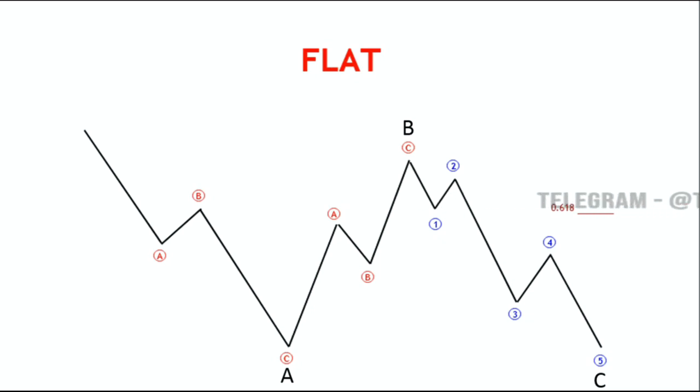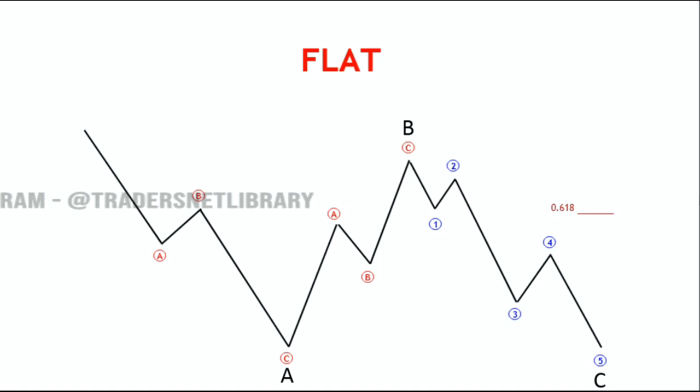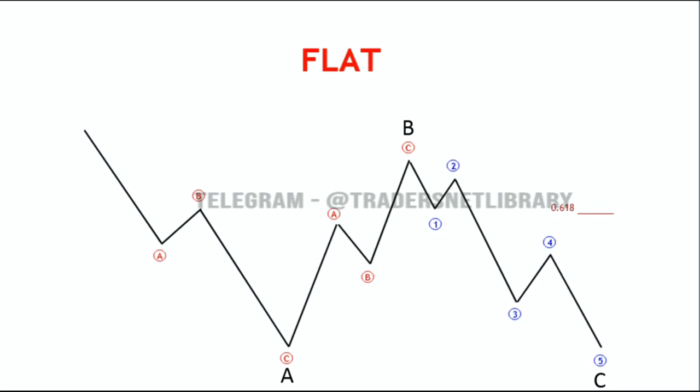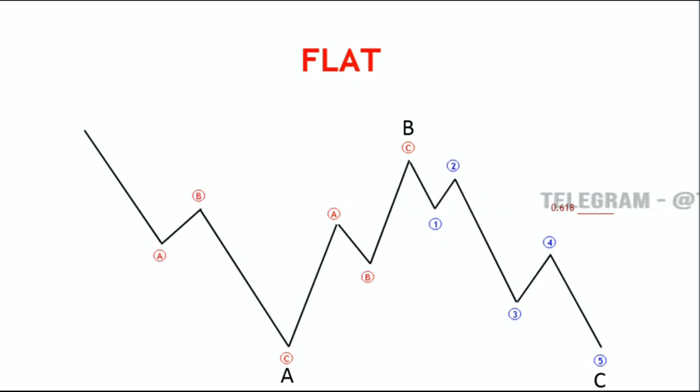In other words, our initial assumption is that the C wave usually has the same time and price dimensions as the A wave. As mentioned, wave B cannot be in the form of a running flat pattern. This means that the end of wave B must enter the end of wave A.